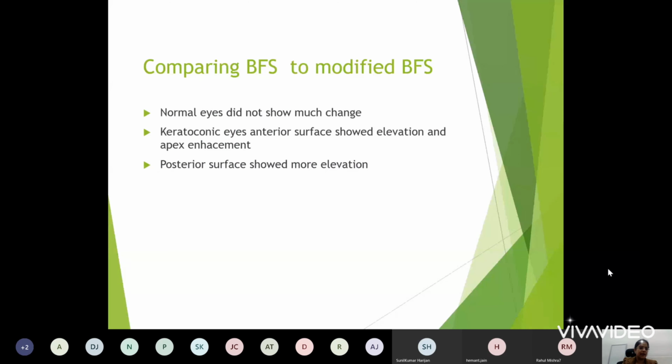When the study was done, in normal eyes the modified best fit sphere did not show any change, but in keratoconic eyes, the anterior surface showed elevation and apex enhancement, as well as the posterior surface showed more elevation and enhancement. So this helped in treating the keratoconic cornea, showing progression and when to cross-link. I'll come to that again in the further slides.